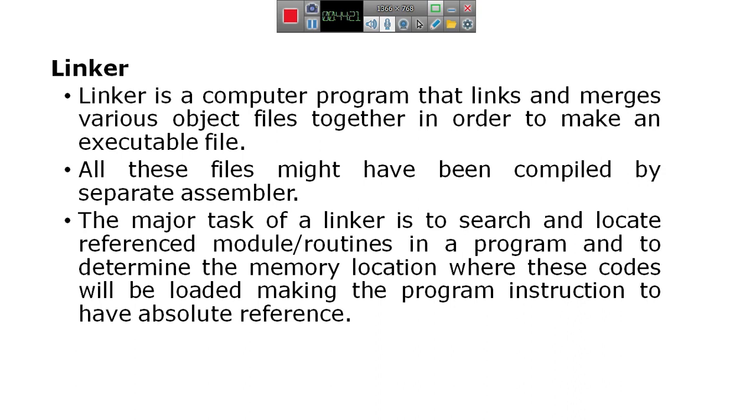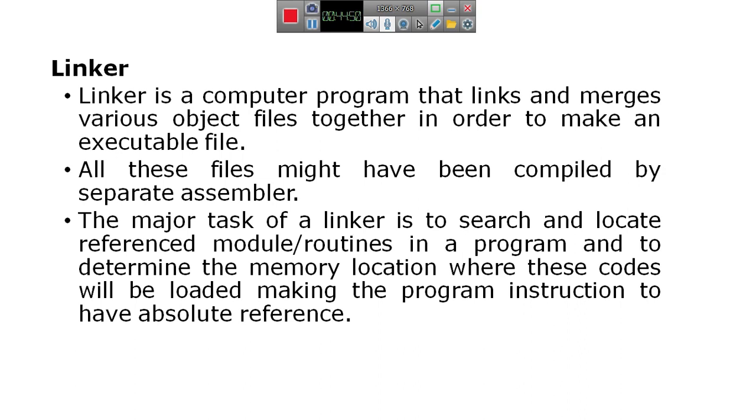We use so many predefined functions to develop applications, and the code for those functions is available in the library files. So a linker creates a link between this object file and the library file for execution.